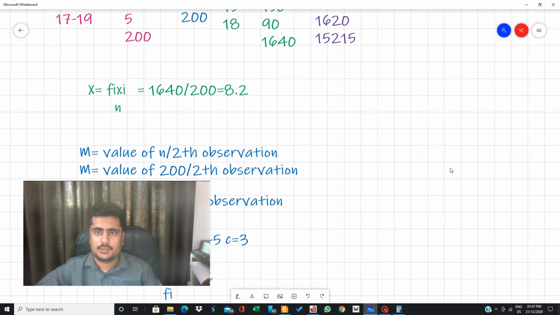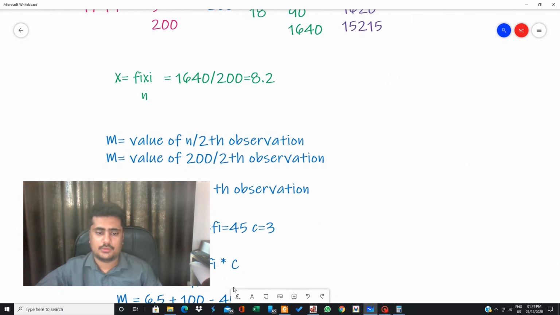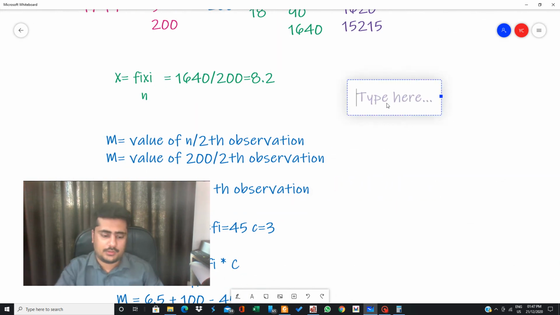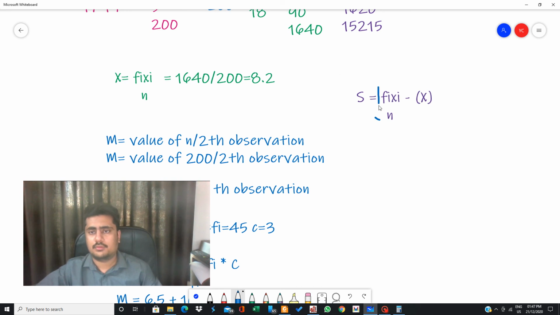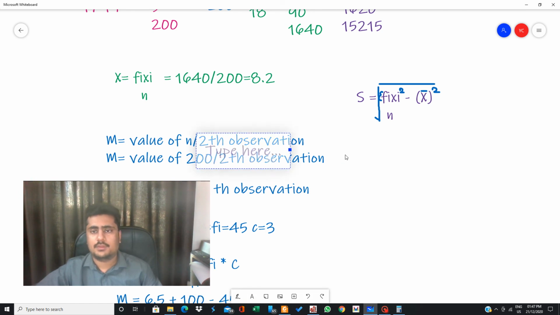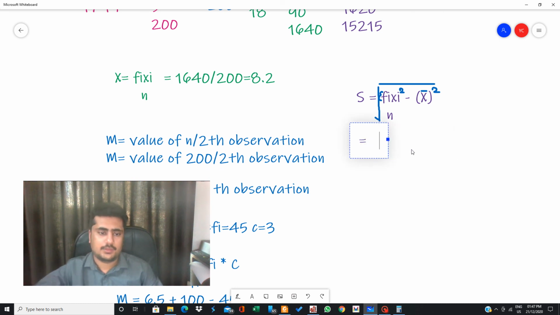So my standard deviation, let us solve the formula. Standard deviation will be the square root of sigma f x square upon n minus x bar whole square. So what is sigma f x square?